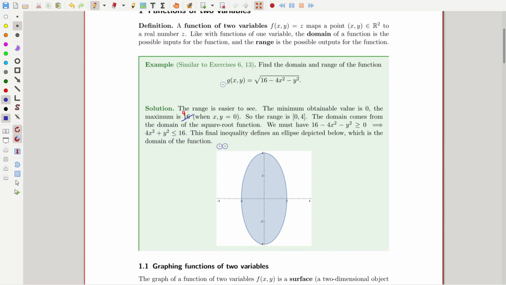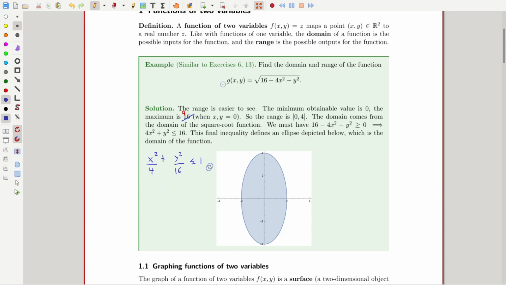What you can do is depict what that domain looks like, which is what I do below. One thing you can spot is that this does define an ellipse. To make it match the format for an ellipse that you're familiar with, you'd want to make the right-hand side equal to 1, which means dividing by 16 everywhere. That gives x squared over 4 plus y squared over 16 less than or equal to 1.